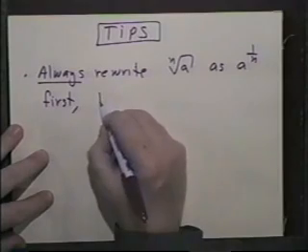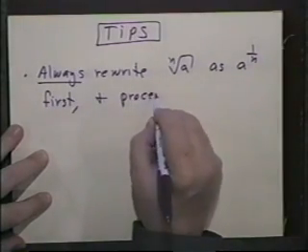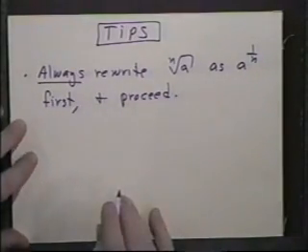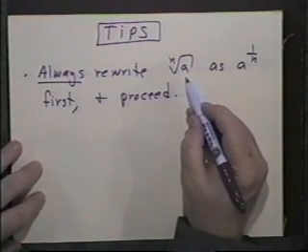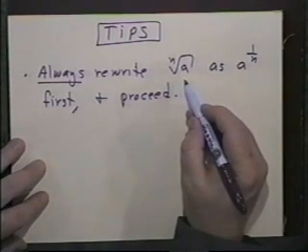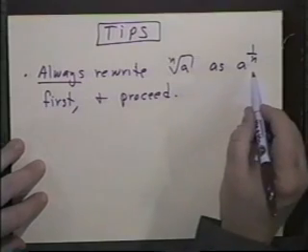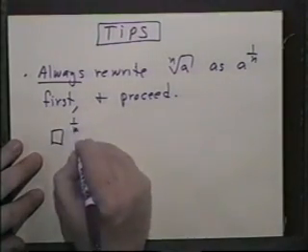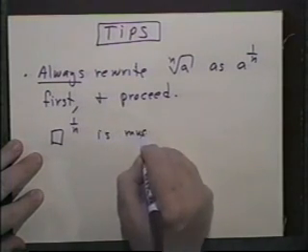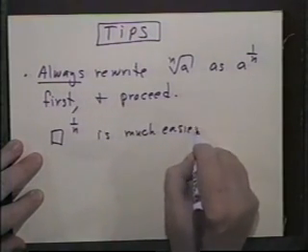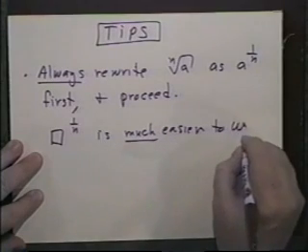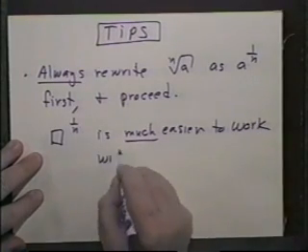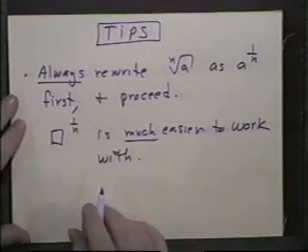Do that first and then proceed with whatever problem you're working on. Okay? Return to this radical form only if it is requested of you. Otherwise, leave things in the rational exponent form. a to the 1 over n is much easier to work with. So that's a piece of advice from my experience.